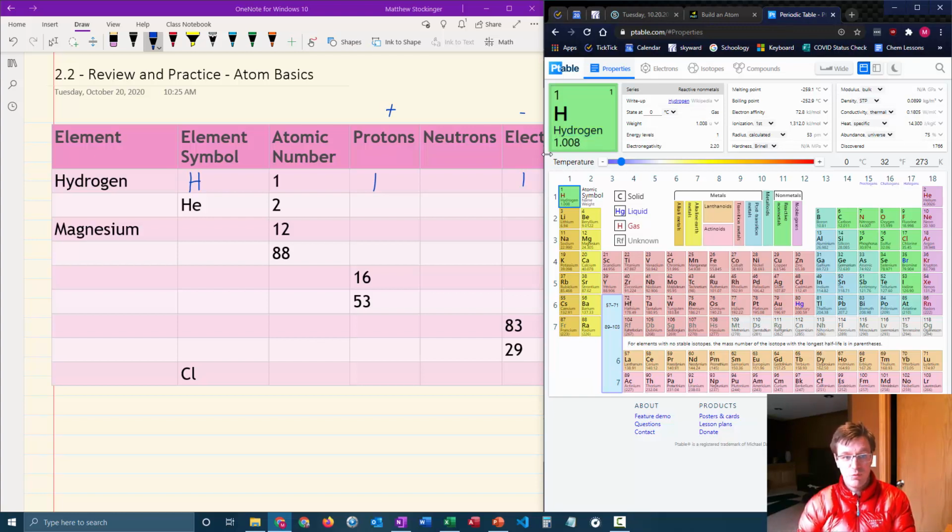Well, we already have 1 AMU from this 1 proton. So in a neutral, normal atom of hydrogen, there are 0 neutrons. 1 AMU from this proton plus 0 from the neutrons gives us a total mass number of 1. Okay, so we use the mass from the periodic table to find that.